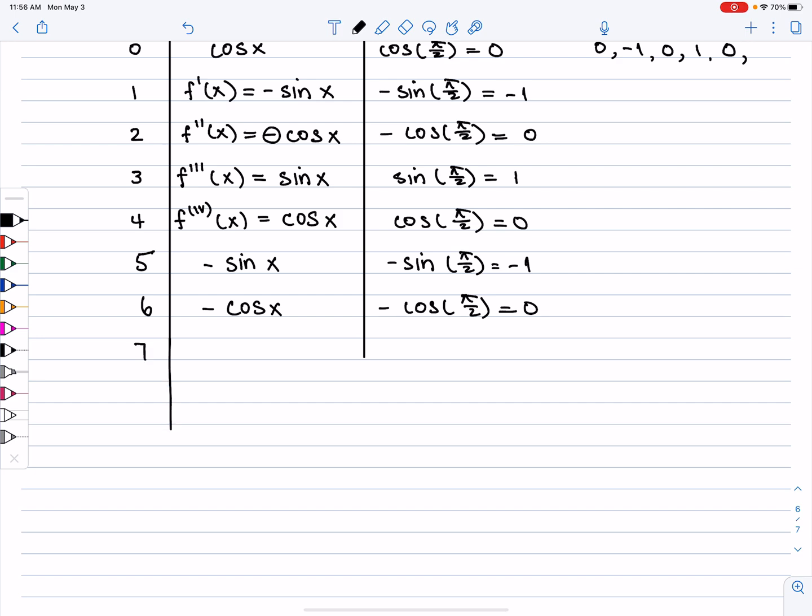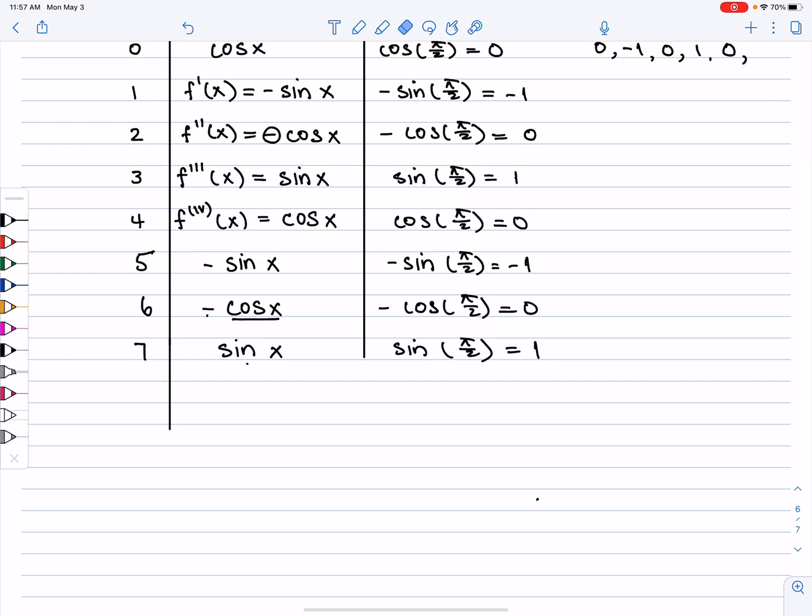When n is equal to 7, it's going to be sine of x, because the derivative of cosine is negative sine times that negative gives us a positive. And this will be a sine of pi over 2 equal to 1. So if we continue, we should have 0, -1, 0, +1, 0, -1, and then the idea will continue.